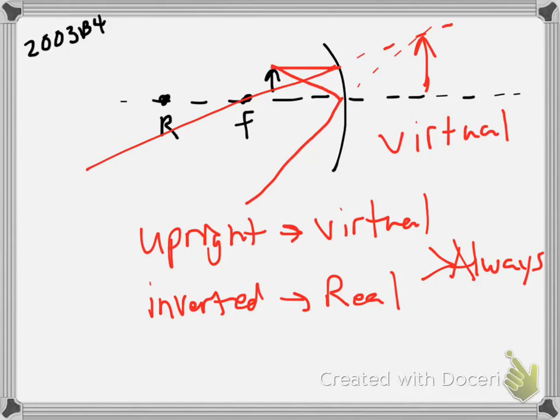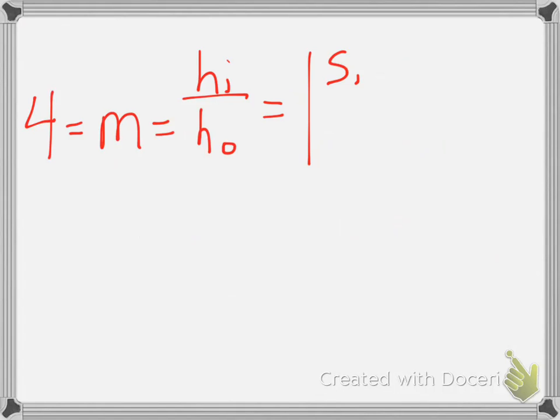Well, you're searching for an image that is 4 times bigger, right? And our magnification formula says that HI over HO is the magnification, and we're looking for that to be 4. But we also know that it could be the absolute value of SI over SO. Now, just looking at the equation, we can basically say that any ratio that produces 4 should be possible for this experiment.